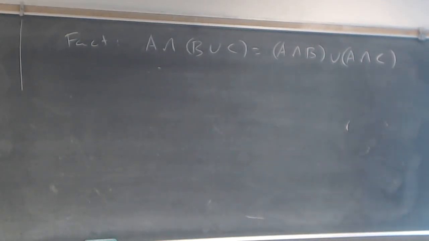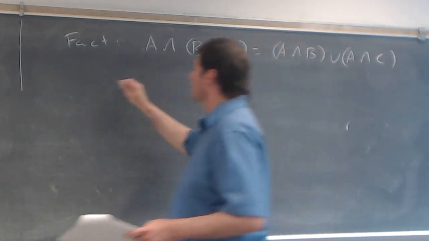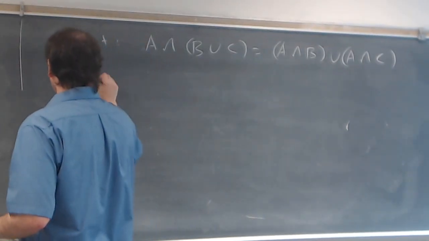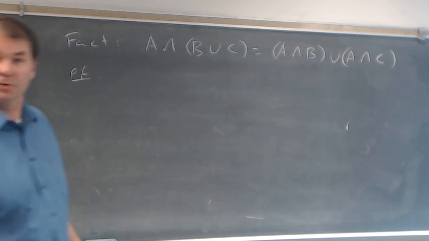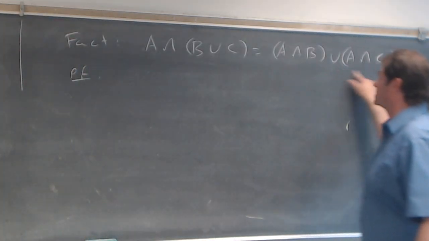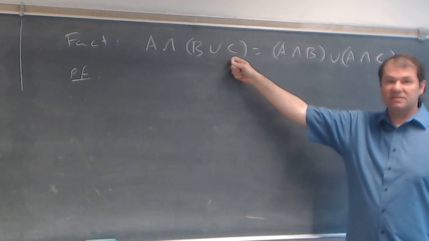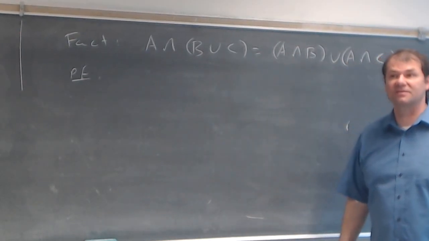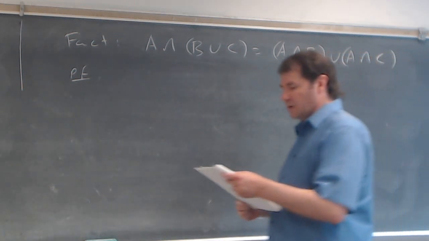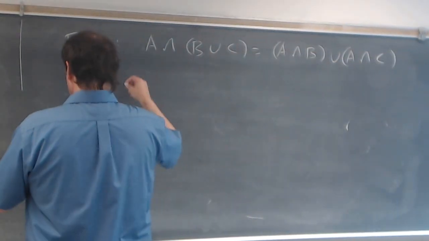That's our fact. And here's the way that we show two sets are the same. From when we talked about set theory, two sets are going to be the same, this set and this set, provided that everything in this set is in the right-hand set, and everything in the right-hand set is in the left-hand set. They're subsets of each other. That's what we got to prove. Okay, so proof.